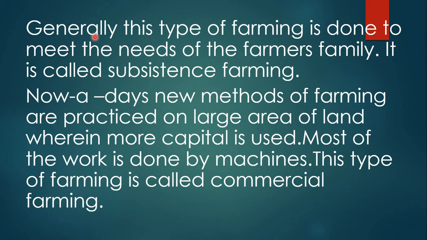But certain things can only be done by laborers, while other things can be done through machines. Generally this type of farming is done to meet the needs of the farmer's family, so it is called subsistence farming.